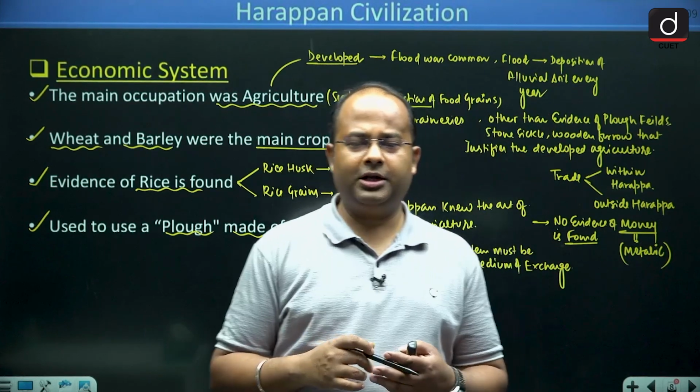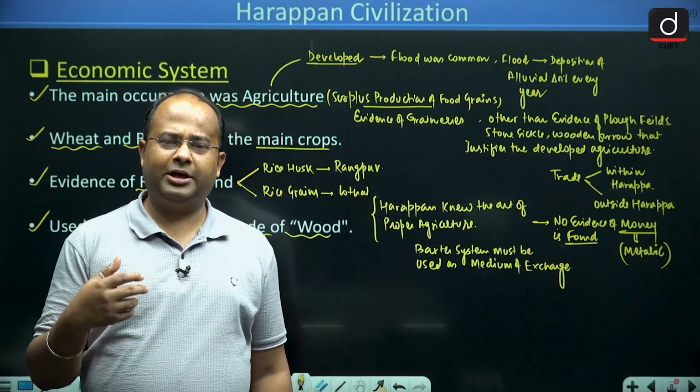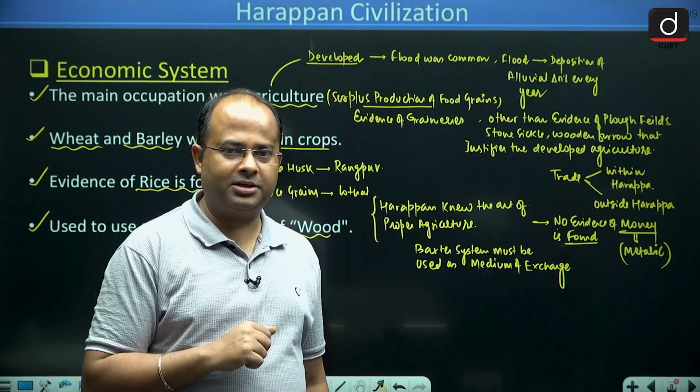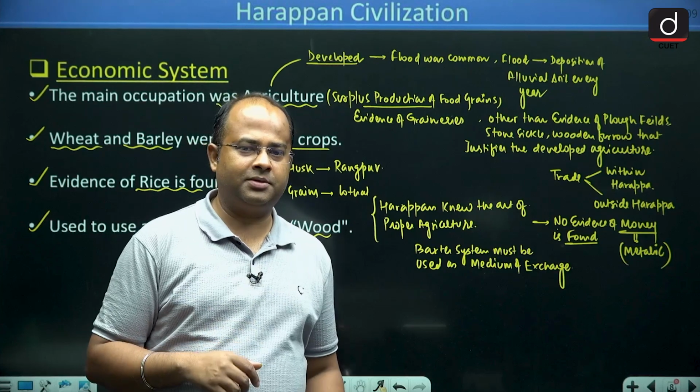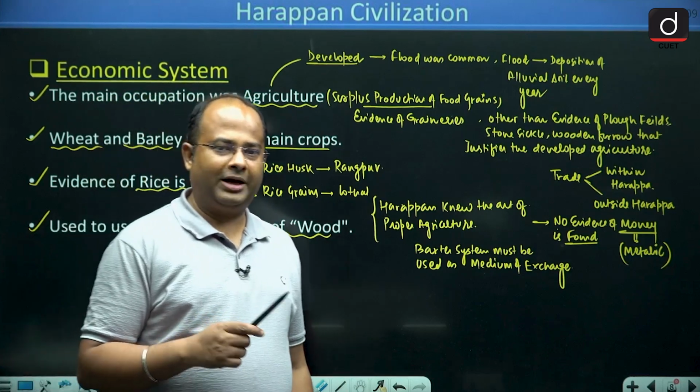If trade used to happen without money, they must have been exchanging goods in place of goods. That is called the barter system. So they must have been using the barter system for trade and commerce.